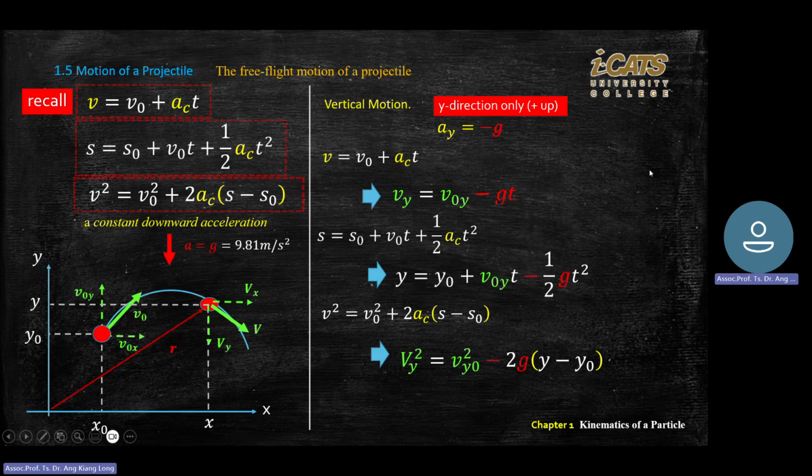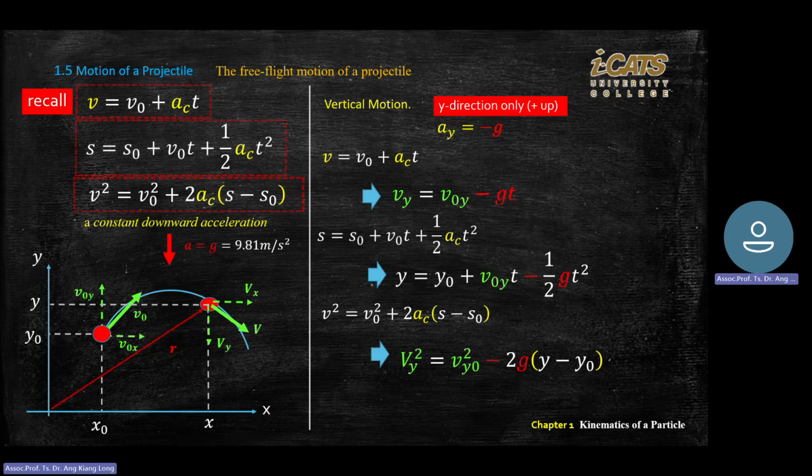Okay, yesterday we stopped at the sixth equation that derived from these three Newton equations. We are now in the projectile subchapter. Projectile means you throw something into the air and then it drops down under the effect of gravity.